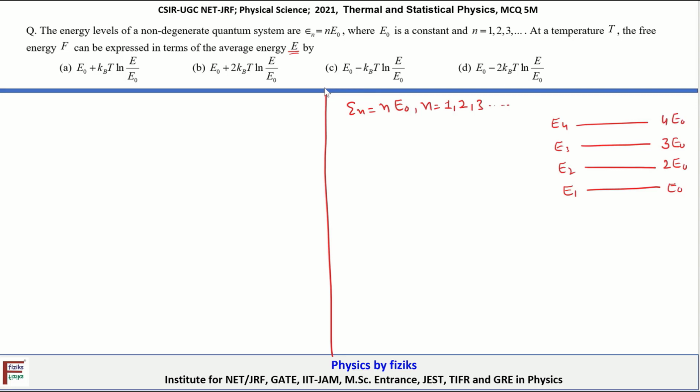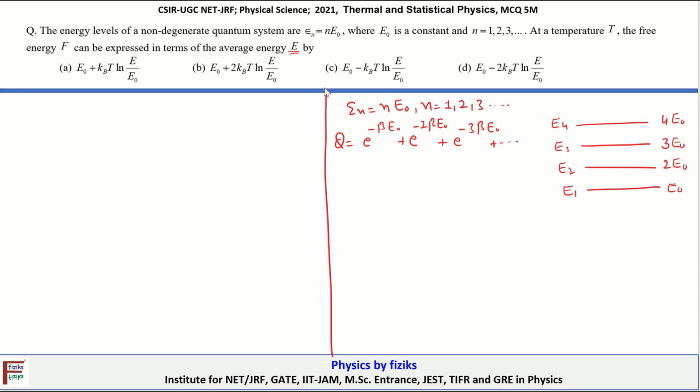Therefore the partition function for this system can be written as Q = exponential minus beta E0 plus exponential minus 2 beta E0 plus exponential minus 3 beta E0 and so on.